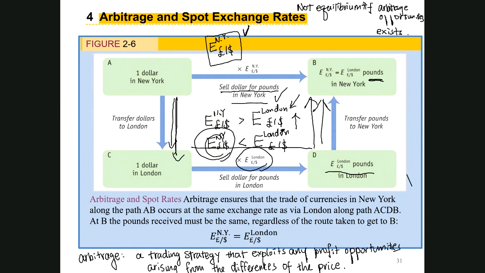So the inequalities here represent not being in equilibrium. So arbitrage means what? If there's no arbitrage opportunity, the spot rate between those two currencies in two different markets is supposed to be the same.